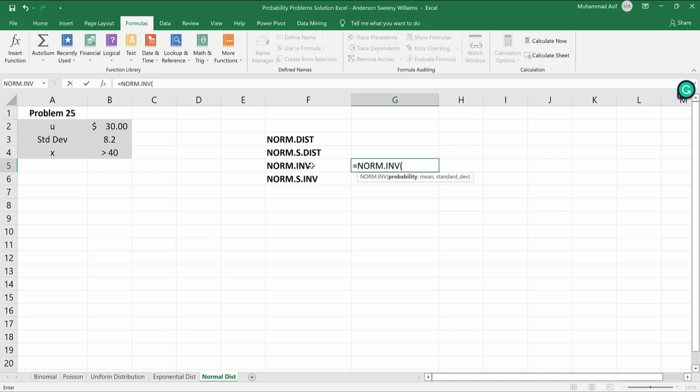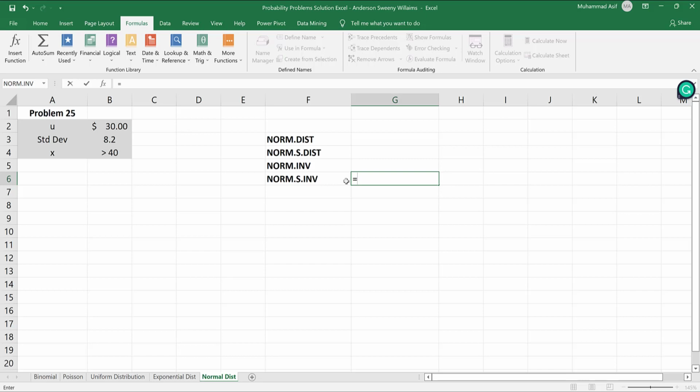So this is the difference. In the upper one, we entered z-value as an input and output was probability value. But over here it's exactly opposite. We enter probability as an input and it will give z-value as an output. And the last one is NORM.S.INV, that is used when you are looking for the value of z only using probability.